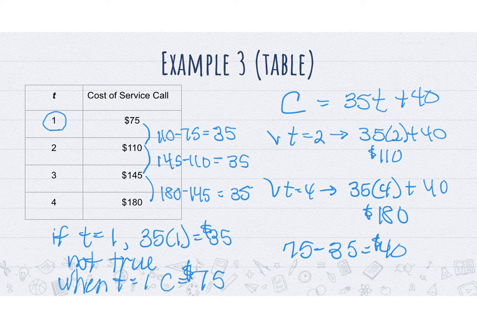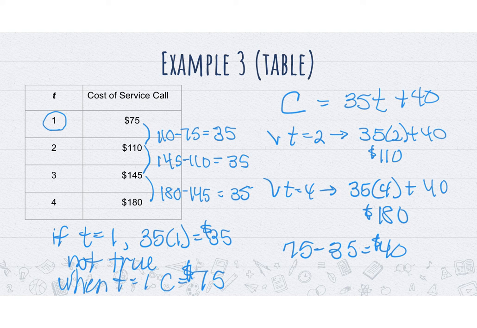So to solve a problem like this, we look at the table, we check for differences, and we see if they're the same each step of the way as we go up 1 hour at a time. And if they are, then our problem is tackled by taking that number we're going up each hour or each mile or each gallon or whatever it is we're looking at, and multiplying it times, in this case, 35, whatever that standard amount is going up every time.